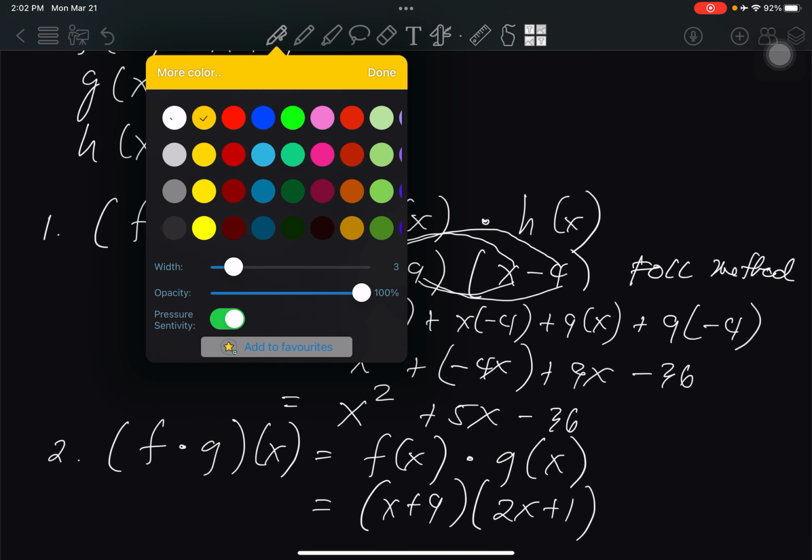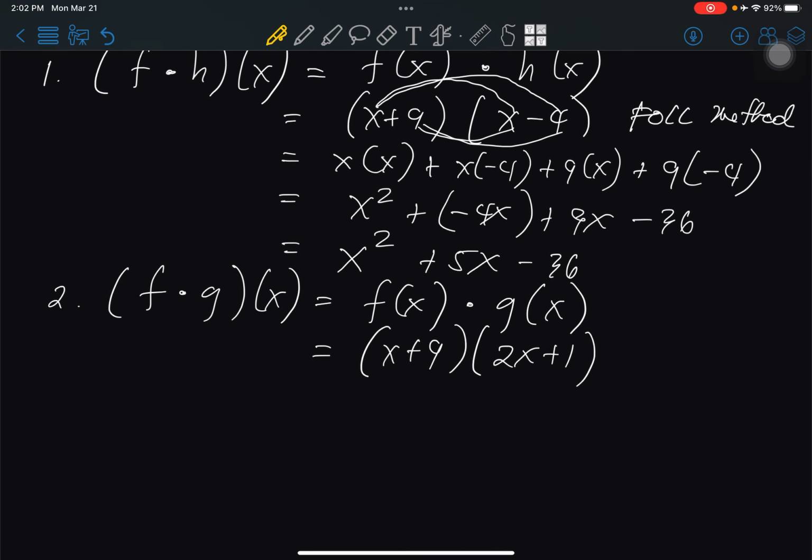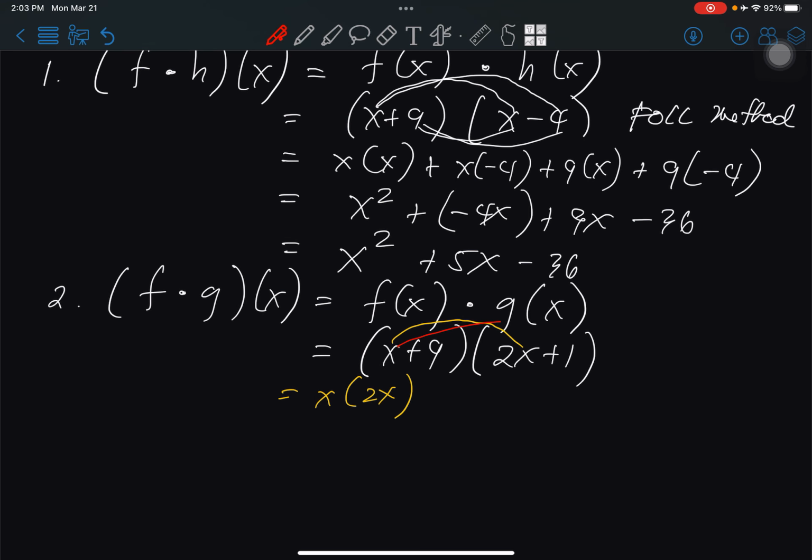I'll change the color so that you would easily see it. So your x will be multiplied to 2x. So I'll write here x times 2x. That is known to be your first term. Then next will be your outer terms. Let us use red. Here we have x multiplied to 1, so plus x times 1.